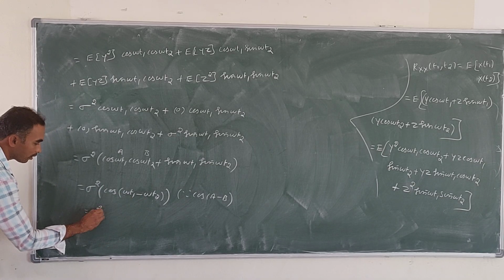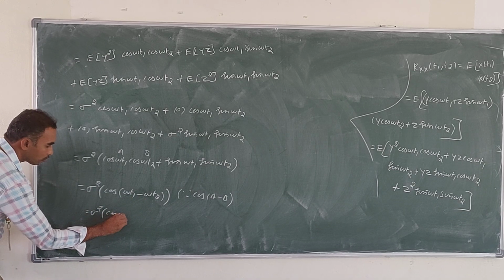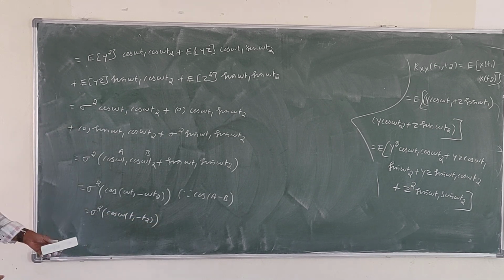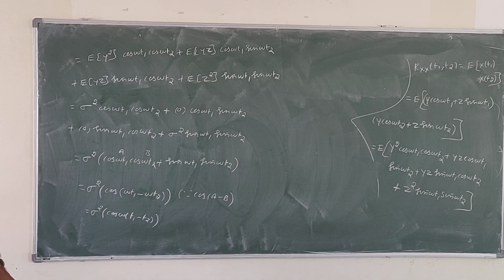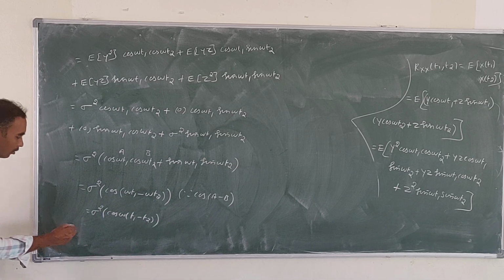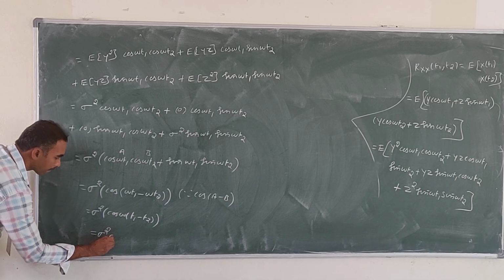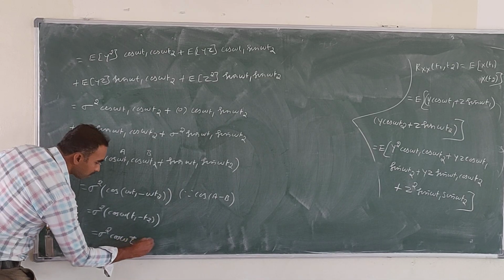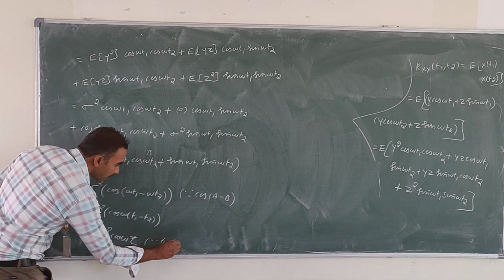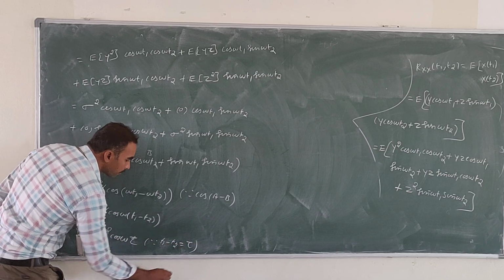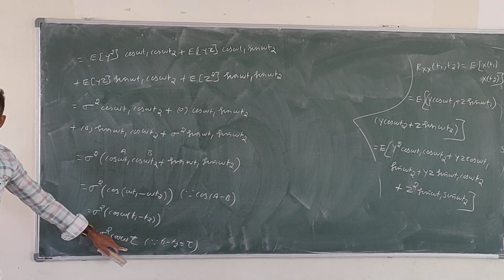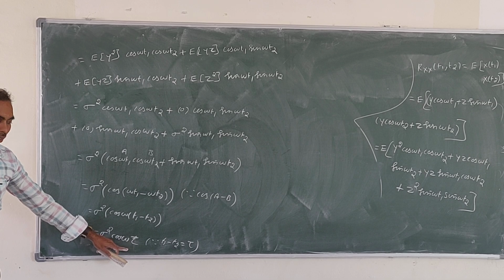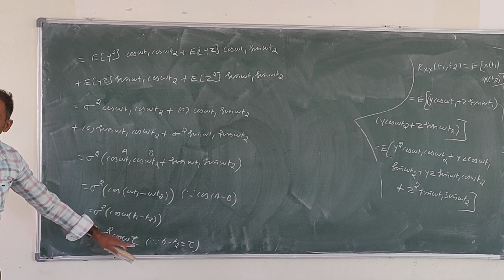So sigma square cos omega t1 minus t2. We said t1 minus t2 is tau. So sigma square cos omega tau, since t1 minus t2 equals tau. Since it ends in tau, it is a function of tau. So R xx t1 t2 is a function of tau.